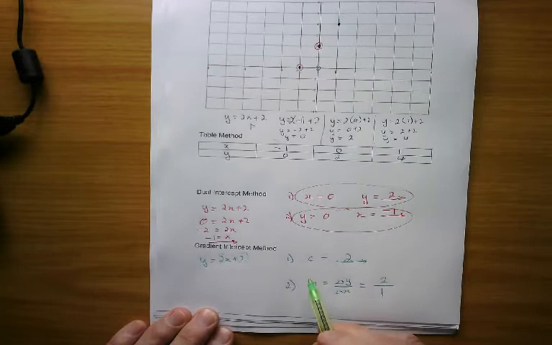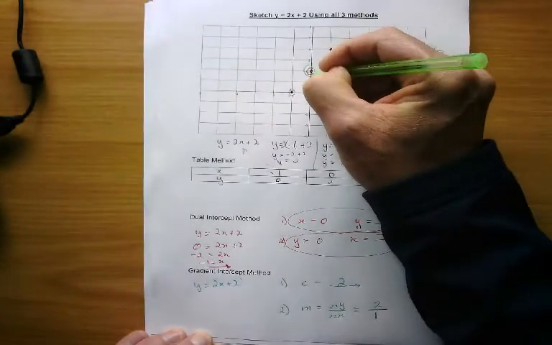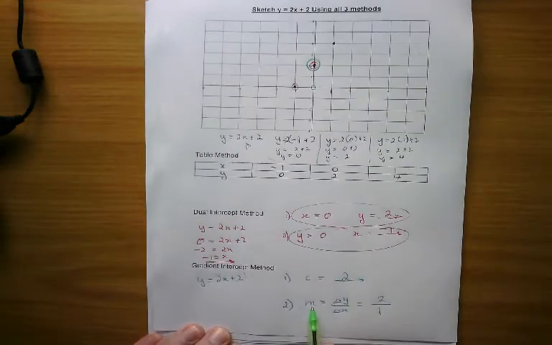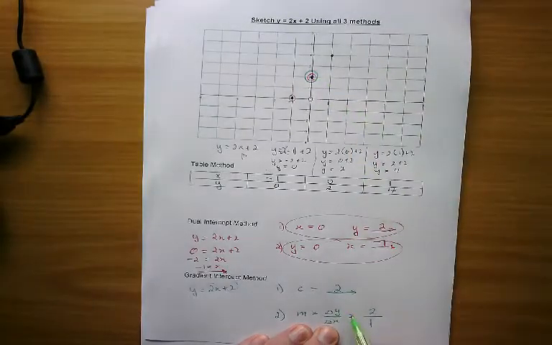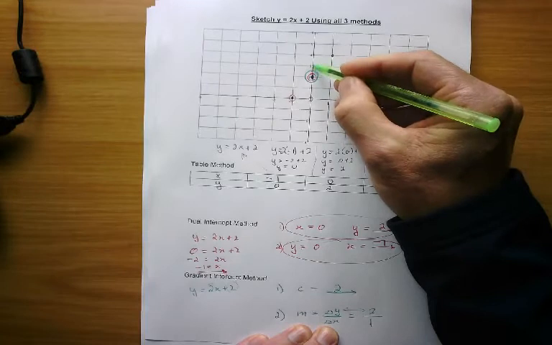Now to sketch the gradient intercept method, we know that c is the y-intercept, where it cuts the y-axis. So we know it's going to go through that point over there. To find your next coordinate, you go to your gradient. From this point here, your change in y is positive 2. So we're going up 1, 2.